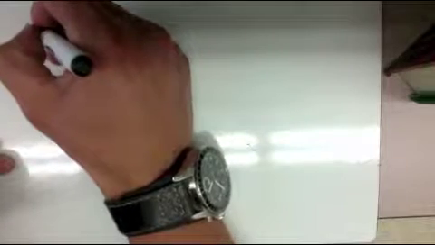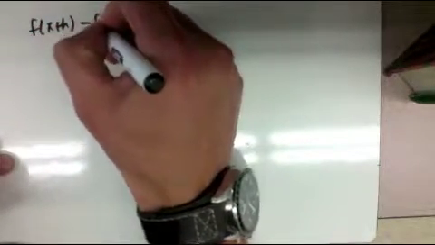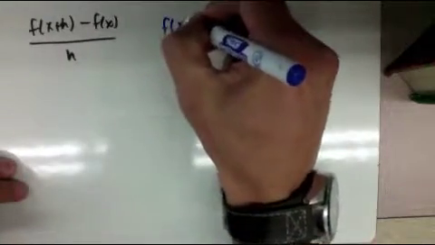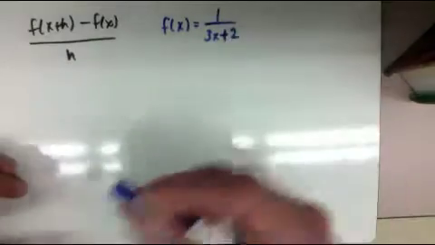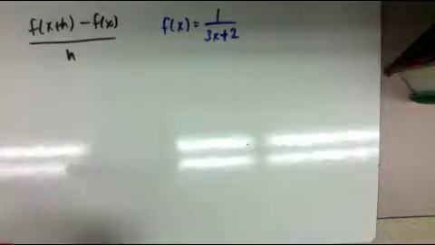Let's go ahead and do one more. F of x plus h minus f of x all over h. And let's go ahead and do a function that is actually going to give us a complex fraction, 1 over 3x plus 2. We did this in class. Okay, we're going to do the same thing.